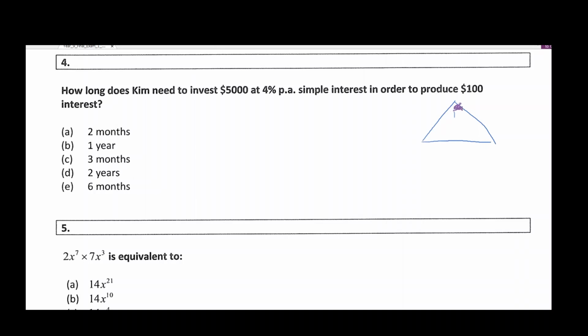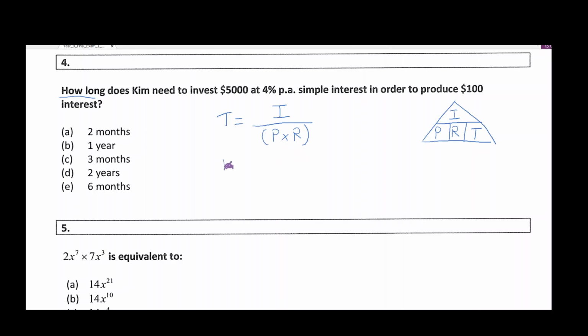Here we have interest on the top and principal times rate times time. What we're after is how long. That's time. So the time is going to equal the interest over the principal times the rate.